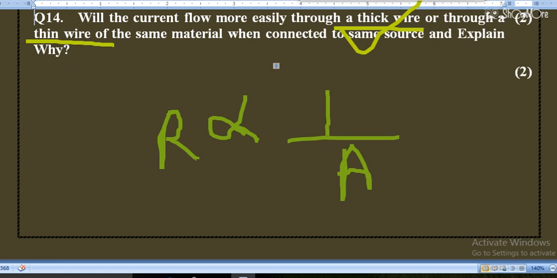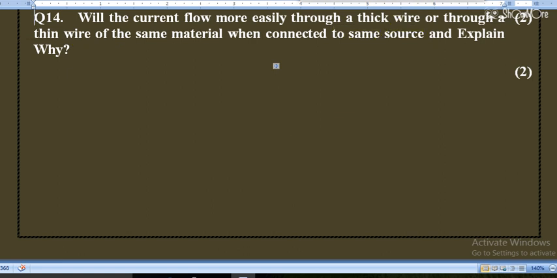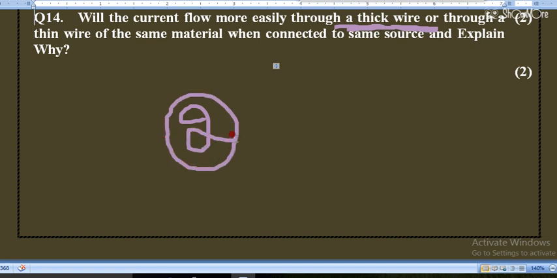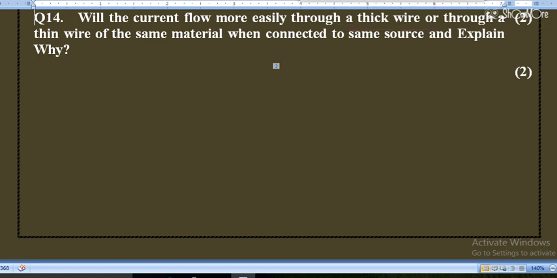So thick wire will be the answer for question number 14. You have to explain it by writing this simple explanation, and obviously every student who answers the question properly will get 2 marks.